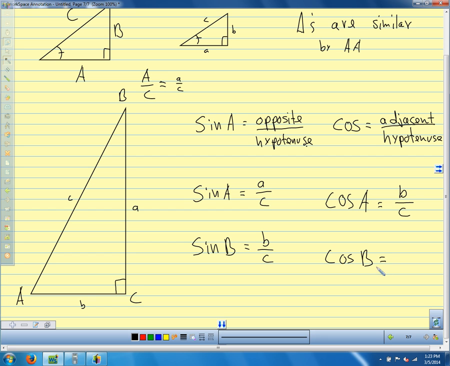So let's look at the cosine of B. Here is angle B. What side is adjacent to angle B? A. And the hypotenuse is always C. So that's how we find the cosine of our angle: find the adjacent side divided by the hypotenuse.